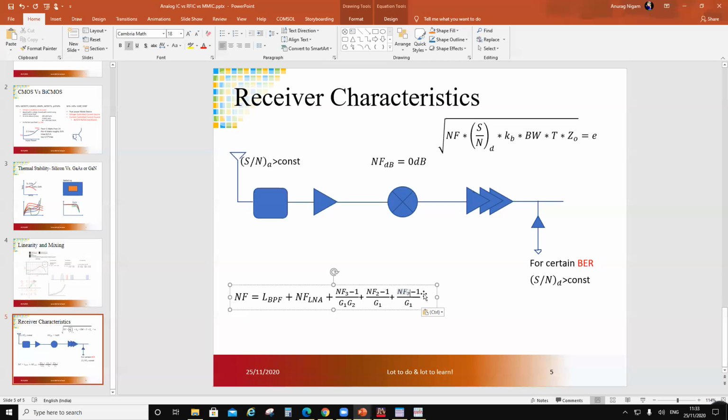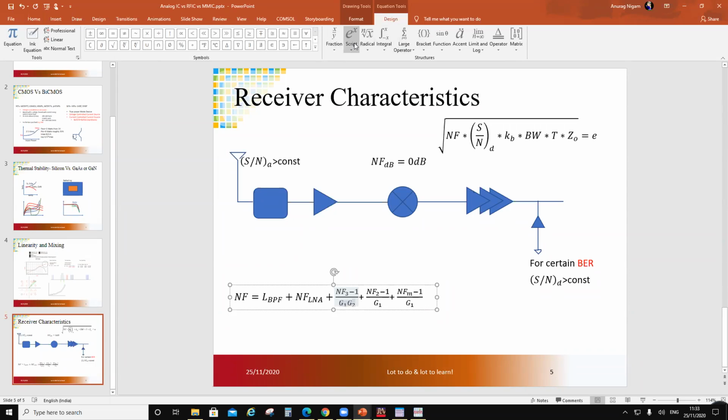So NFM, and of course these will also be divided by GM, the gain of the mixer, the conversion gain, or GC I would say. So I'll keep adding gain. There is a GC stage here, and there is a GC stage here. Now the next thing is there is a gain of the LNA over here, so there will be a GLNA.